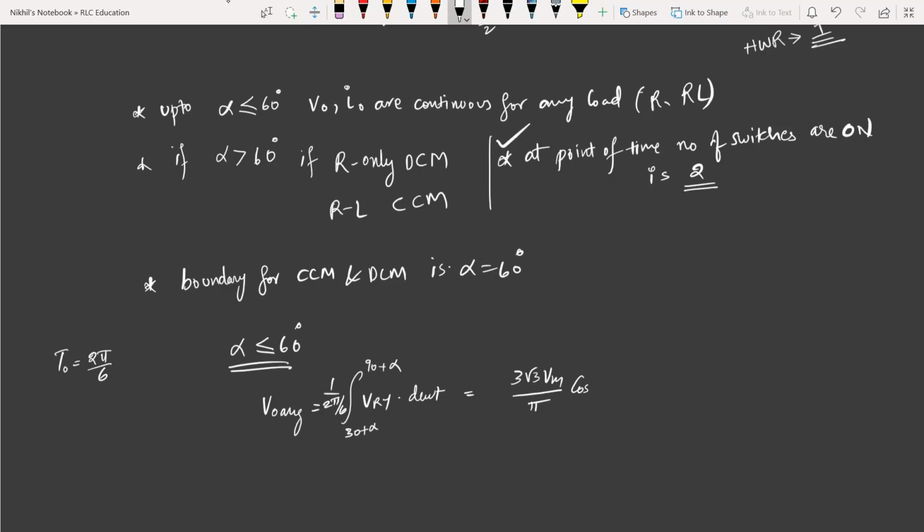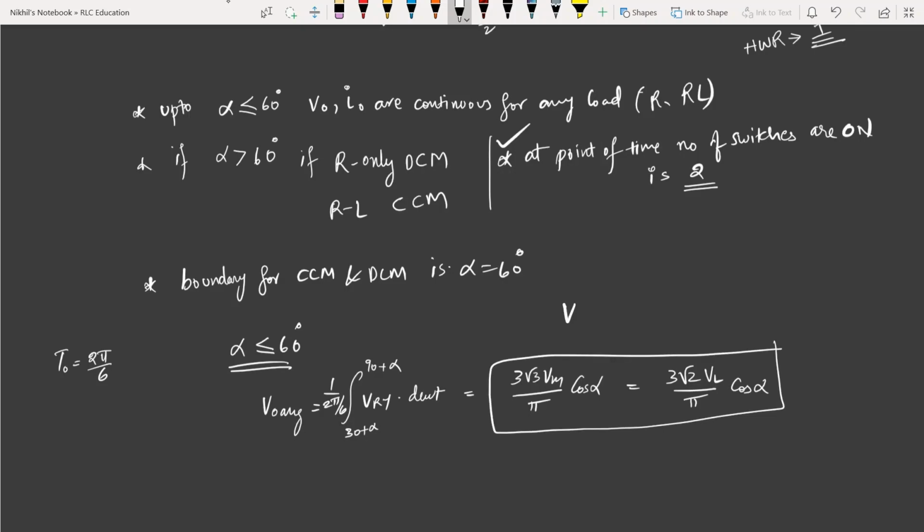If you want to write this in terms of line voltage, then it will be 3 root 2 times the line voltage by pi cos alpha. So this is the average output voltage, which is twice the average output voltage you got for a half wave controlled rectifier. It is just double the half wave rectifier.